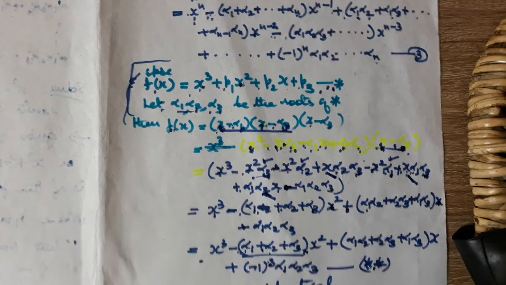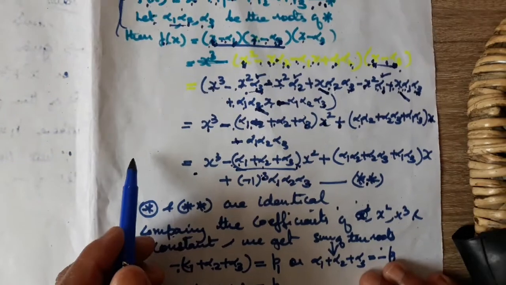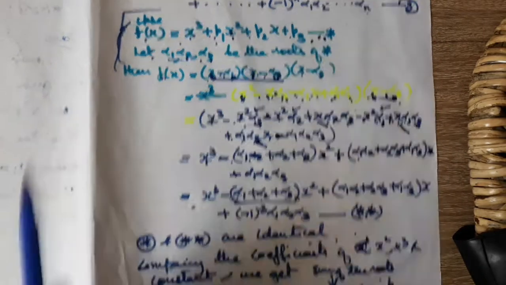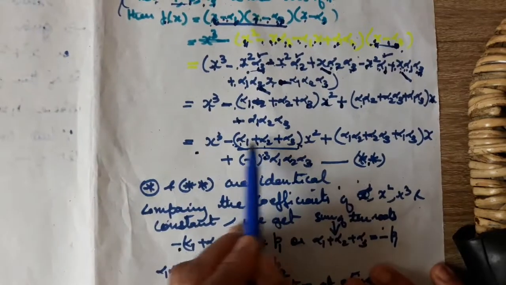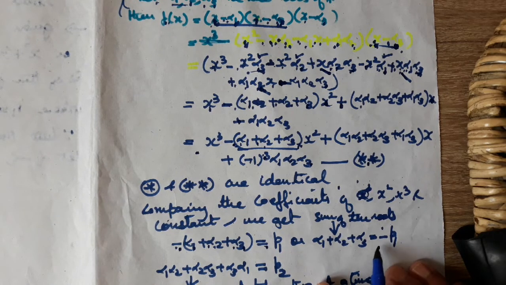So by comparing the coefficient of x square in star, it is p1, and here you have this one, so you have minus alpha 1 plus alpha 2 plus alpha 3 is equal to p1. Or you multiply both sides by minus sign, you get alpha 1 plus alpha 2 plus alpha 3 is equal to minus p1.